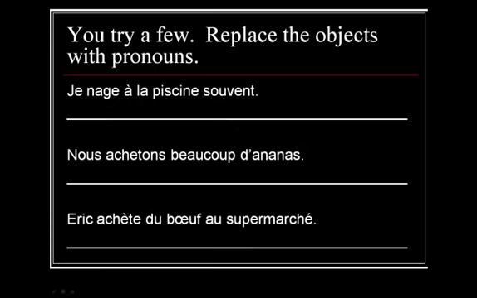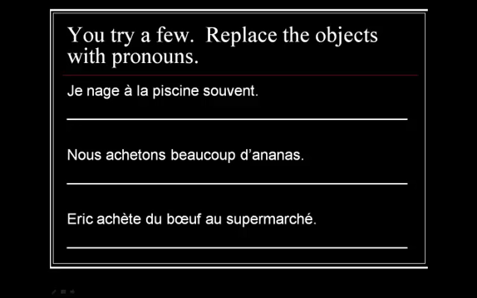Alright, so I have a couple sentences that I really think you should try. Since this is a pretty complex kind of concept, it would be really good practice for you to write these sentences, there's just 3, into your notes and replace the objects with a pronoun. So if you take the first sentence, je nage à la piscine souvent, you've got to figure out what the object is.